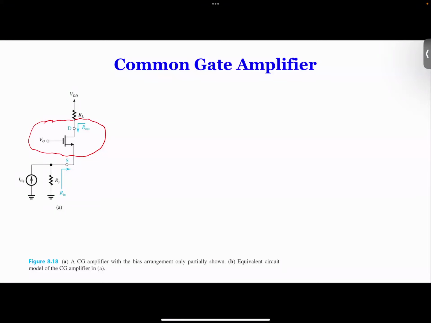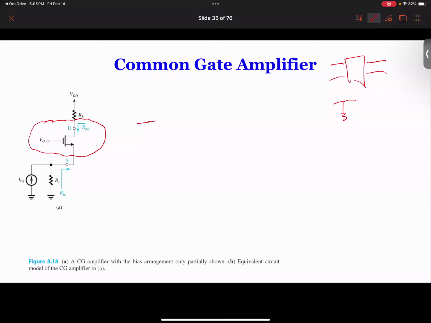So we want to derive the common gate amplifier as a simple equivalent circuit. A simple equivalent circuit will look like this. Like in Thevenin's analysis, you remember in the past we talked about two terminals. You can always represent one with input resistance and output resistance.